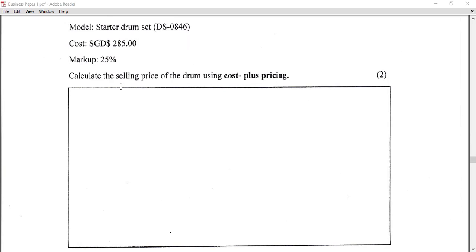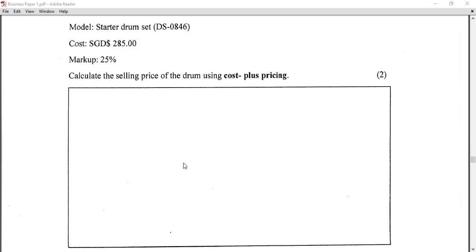You can just use the calculator and type 285 times 125%. Then you still get the answer 356.25. Even without correct working, if you put the inputs in the calculator and get the answer 356.25, you can still earn the marks.